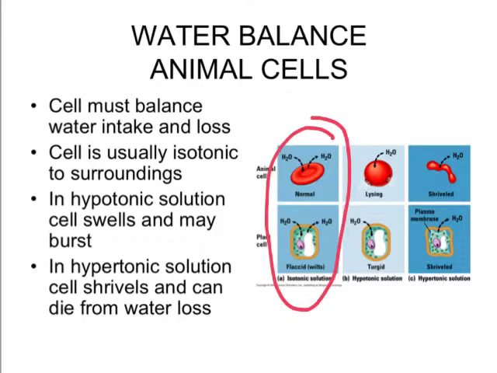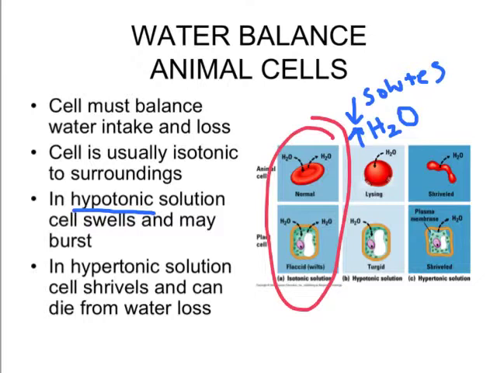Now, if we put that cell in a hypotonic solution, remember, hypotonic means that there are low solutes, and lots of water. So basically, we're putting it in an environment where there's a lot more water molecules on the outside than the inside. Well, what happens? The water goes from high concentration to low concentration.